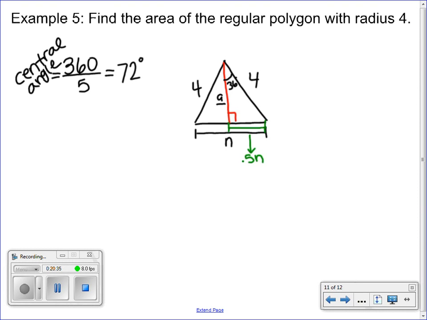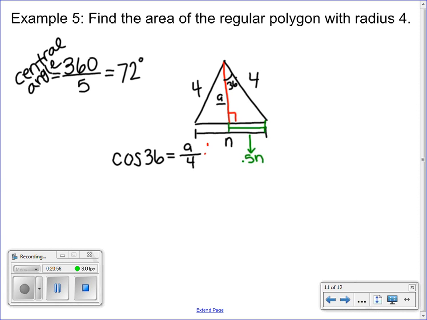Which of the trig ratios uses adjacent and hypotenuse? Cosine. Cosine of the 36 equals the apothem, my adjacent, over my hypotenuse 4.